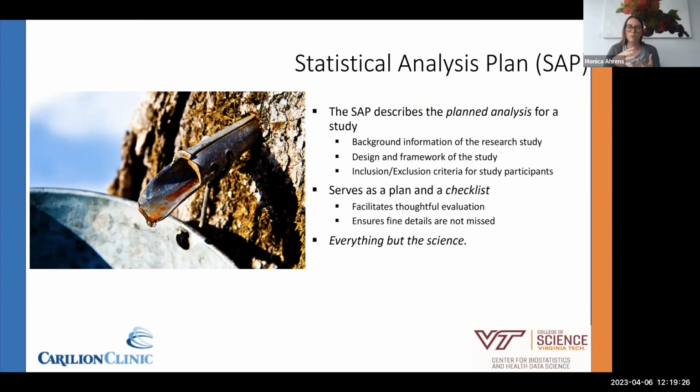Then we'll write in the design and the framework so that we remember the plan we started with, and then inclusion and exclusion criteria for study participants, which is important. When we clean data, we'll double check that everyone in the data set should be included in your study. This really helps us stay on track, make sure we don't miss details, and keep everything moving forward in as organized a manner as we can.